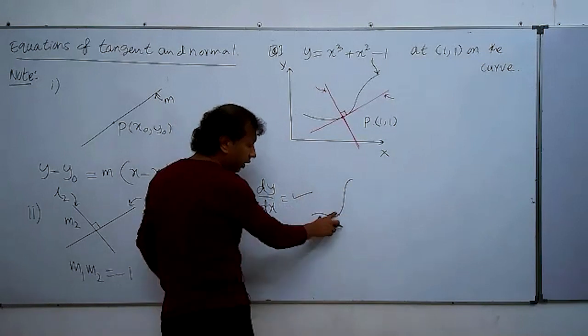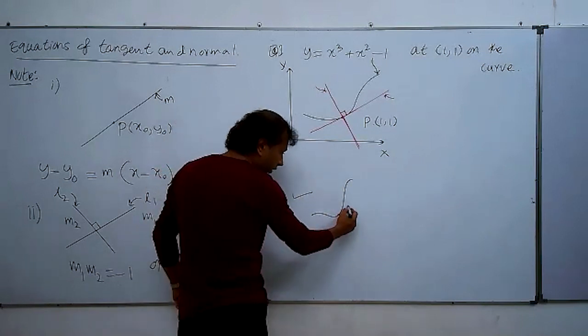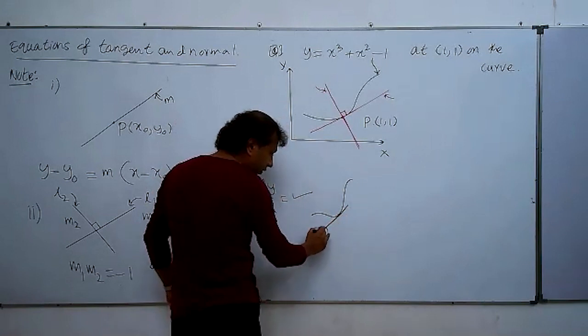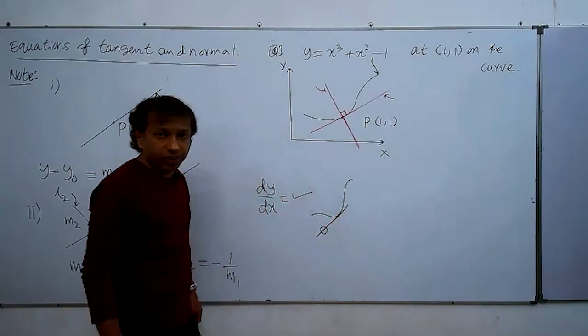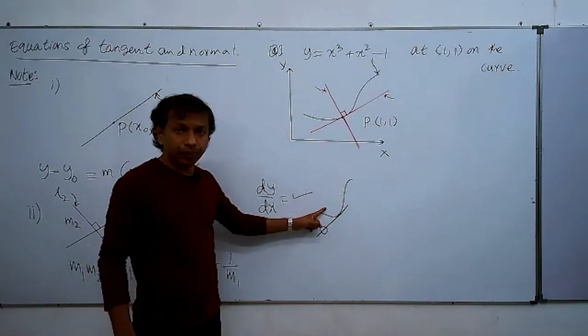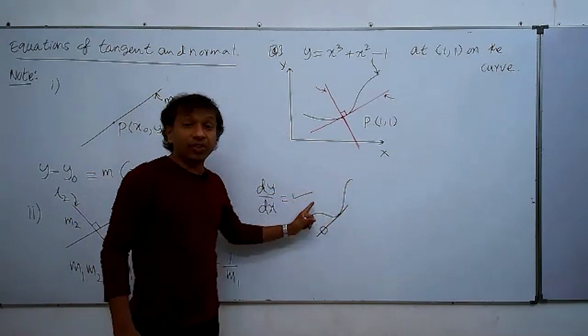If we need the gradient at this point of this curve, we first construct a tangent at that point and measure the gradient of this tangent. It is the gradient of this curve. The gradient of the curve is given by dy by dx.